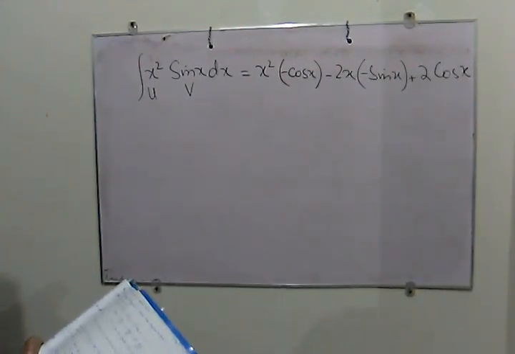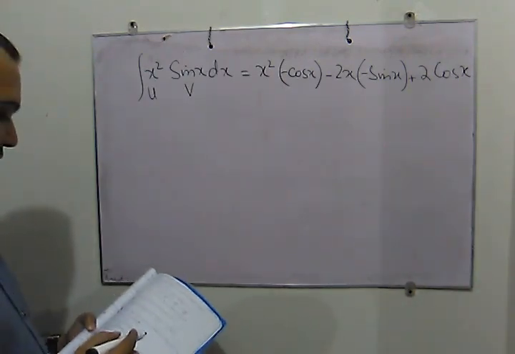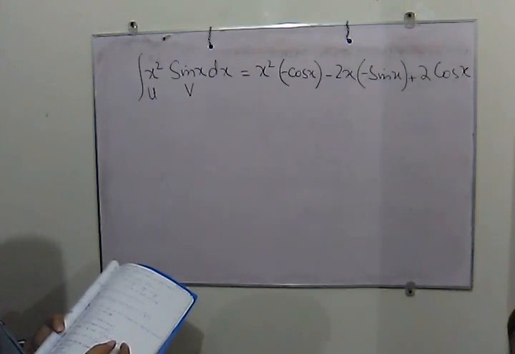But the u and v are predefined. It will not work if v is equal to tan x, cot x or secant x.